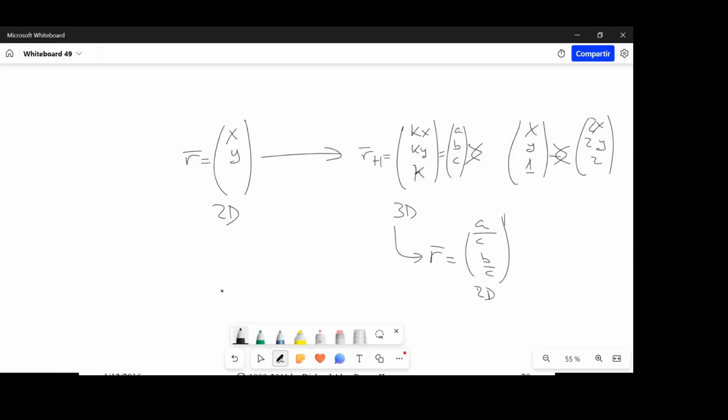So what we have said is, given a 2D coordinate, I can associate a homogeneous coordinate by choosing any k. I can choose k equal 1, I can choose k equal 2, I can choose k equal whatever, and they all represent the same point, that is this one.